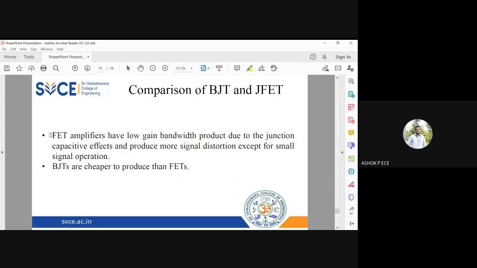Finally, FET amplifiers have a very good gain bandwidth product compared to BJT, but only one point which is going for BJT is BJTs are very cheaper to produce than FET. So when you go for mass production, BJTs are going to be cheaper and not FET. Fabrication-wise, FET is easy, but production-wise, if you go for mass production, BJTs are going to be cheaper.